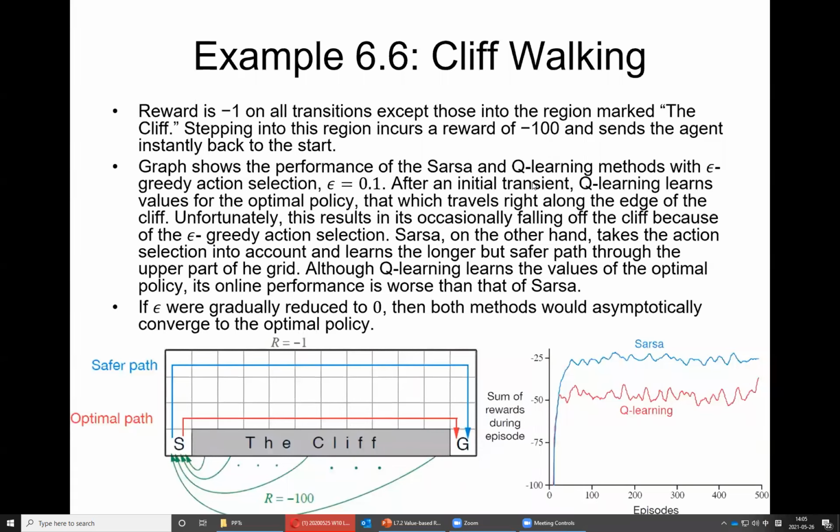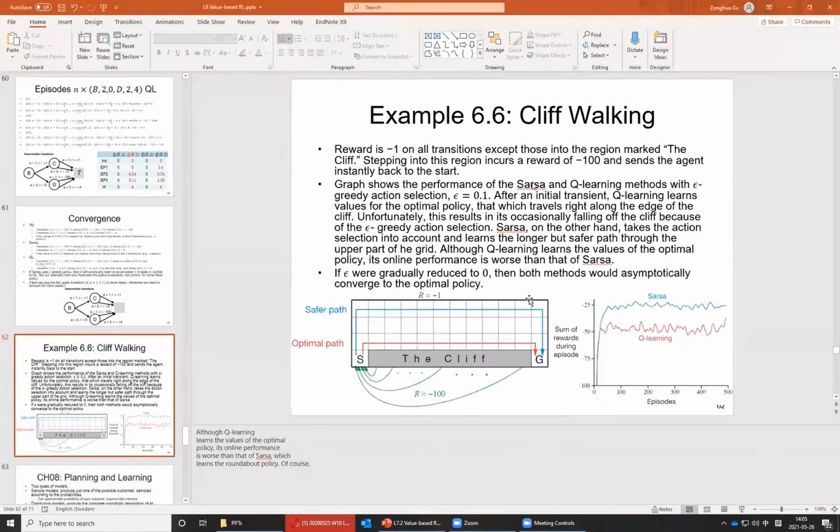If the environment is stochastic, then Q-learning's lower path may not be very good. Yeah, this environment is deterministic. Only action selection is stochastic.